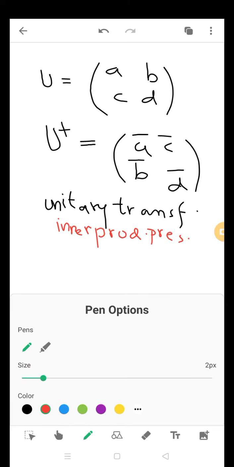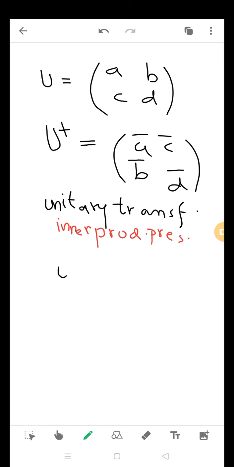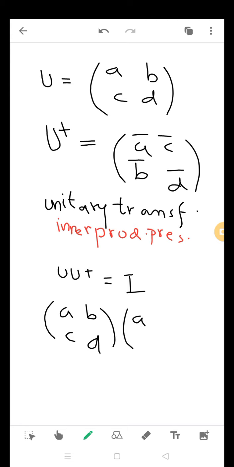As we have defined a unitary matrix, you again write U U dagger is equal to I. That means the matrix A, B, C, D into A bar, C bar, B bar, D bar equals 1, 0, 0, 1.